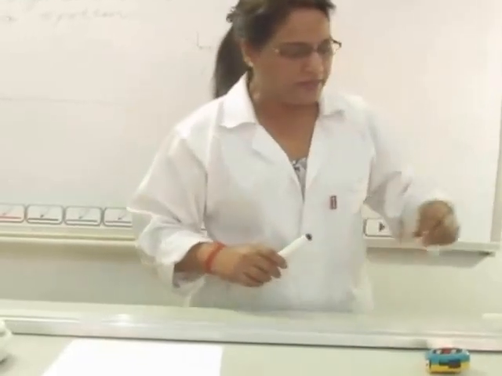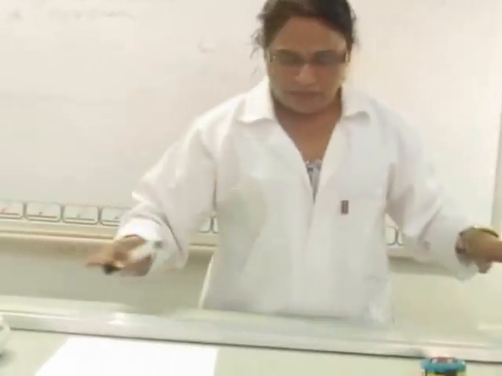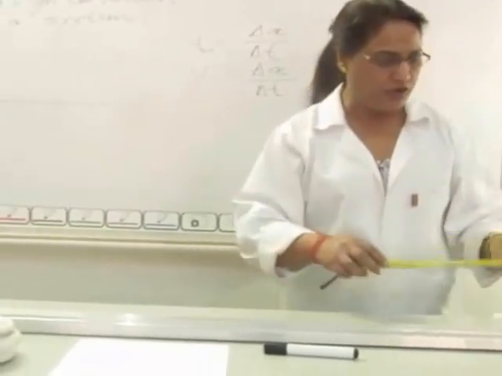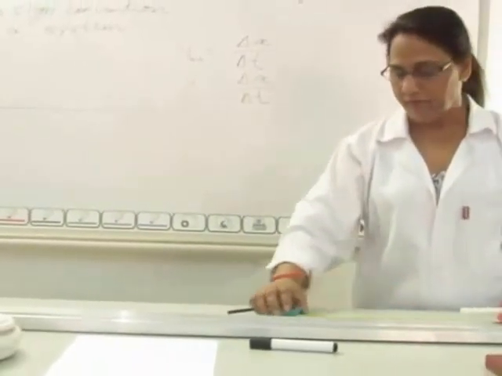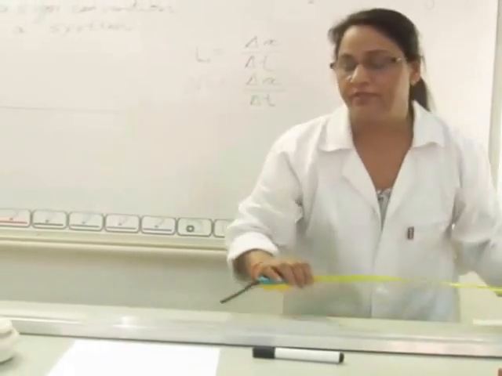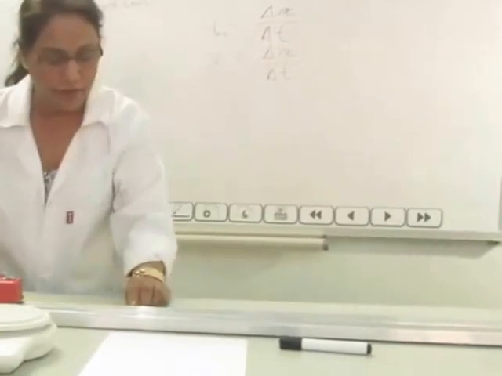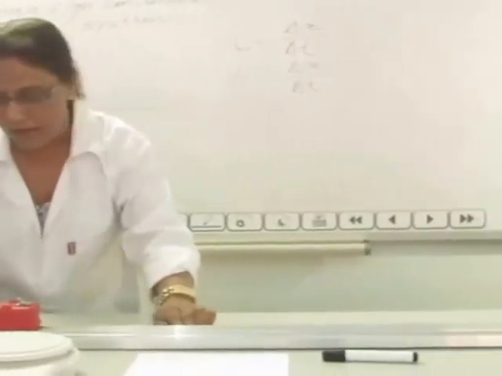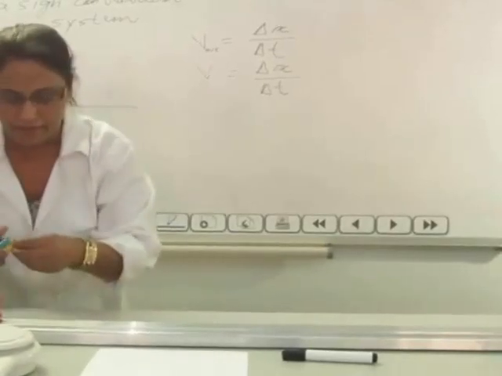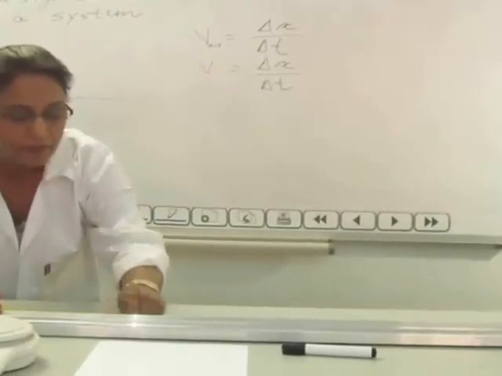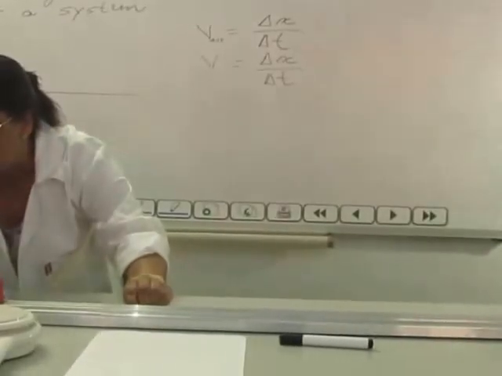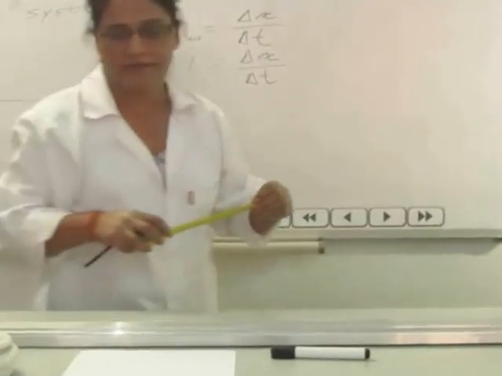Okay, they hit the sides at the same time. So we then measure the distance moved by each of the trolleys. Trolley number 1 moved a distance of 42 centimeters, and trolley number 2 moved a distance of 42,5 centimeters.